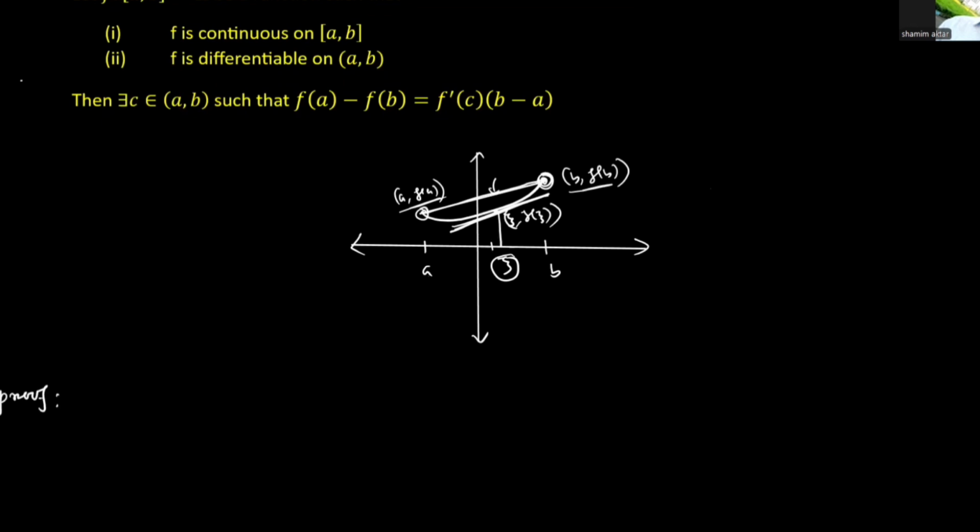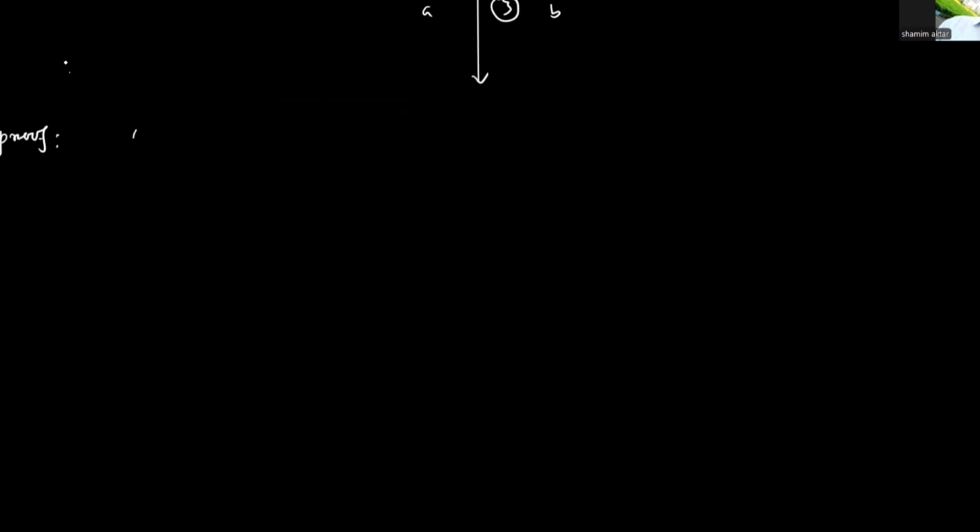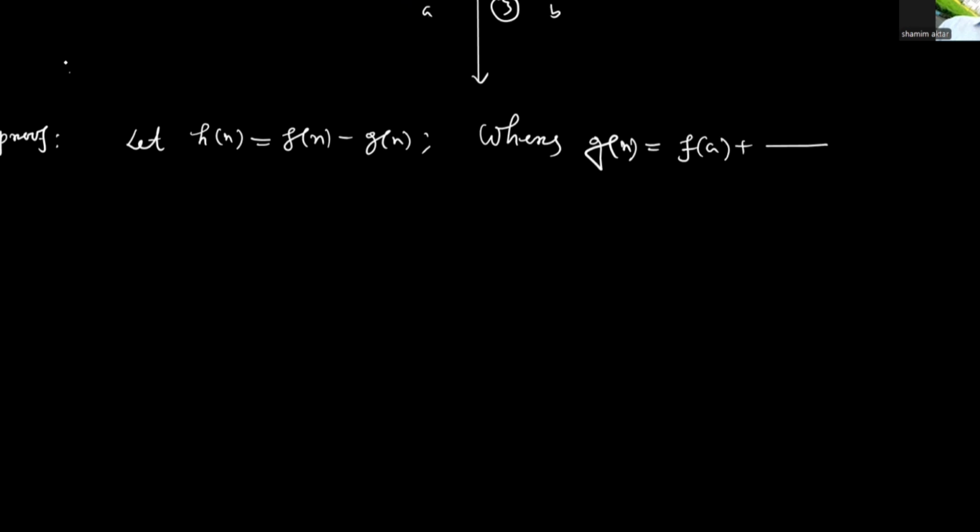Let h(x) equal f(x) minus g(x), where g(x) equals f(a) plus (f(b) minus f(a)) divided by (b minus a) times (x minus a).